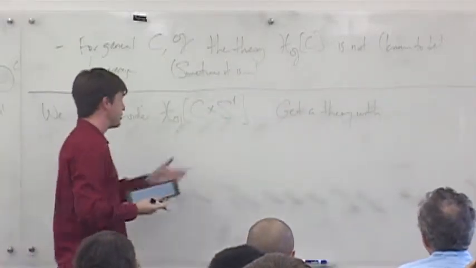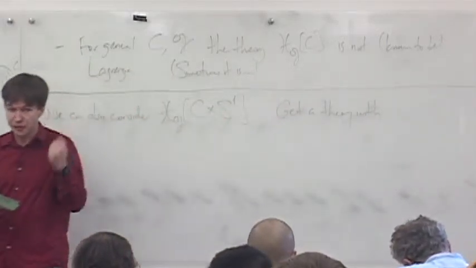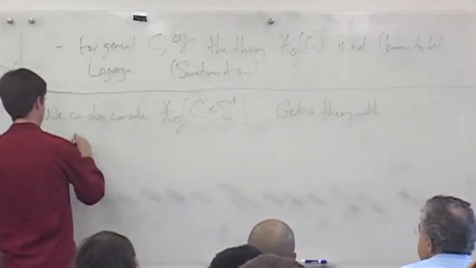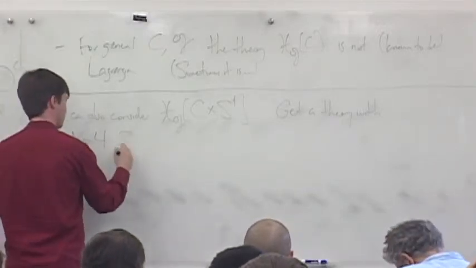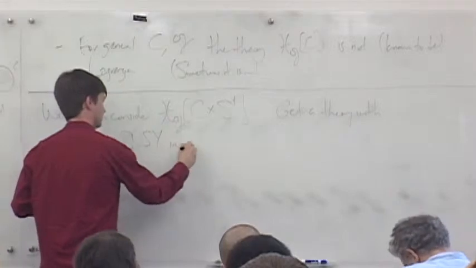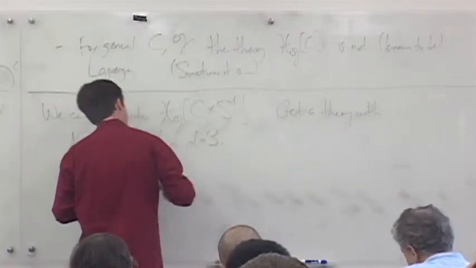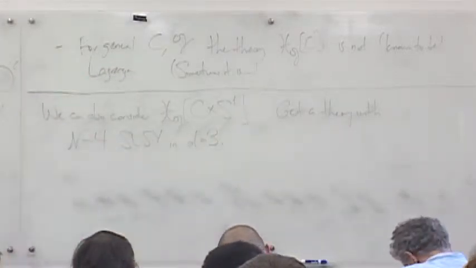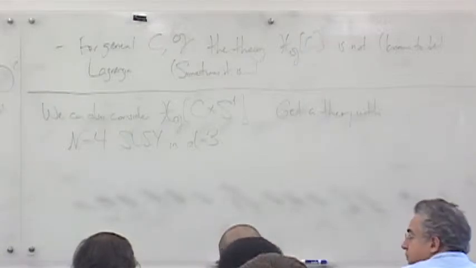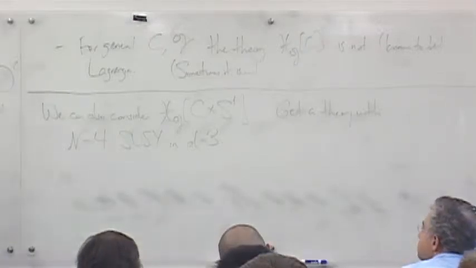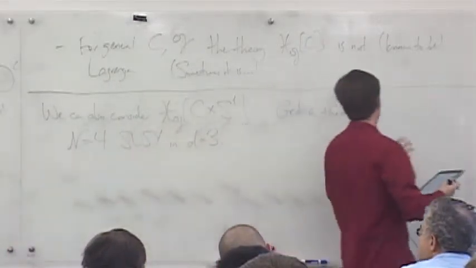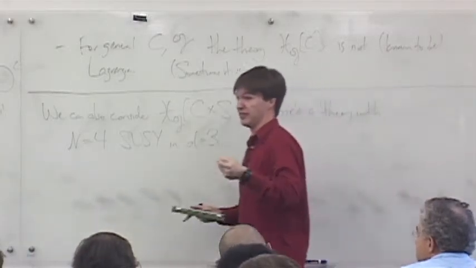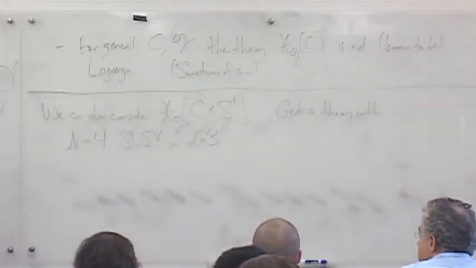So now it's going to be a three-dimensional theory that we're going to be left with. And that three-dimensional theory is going to have, in the same notation as Tudor's talk, N=4 supersymmetry in 3 dimensions. So it's the same general class of theories that Tudor has been talking about. And we want to describe as precisely as we can this theory, and particularly its local operators.